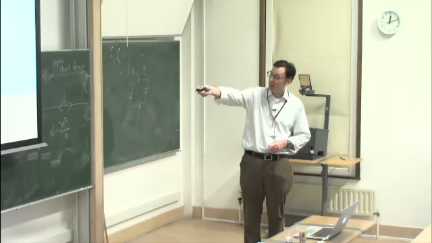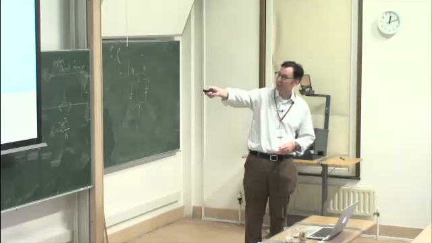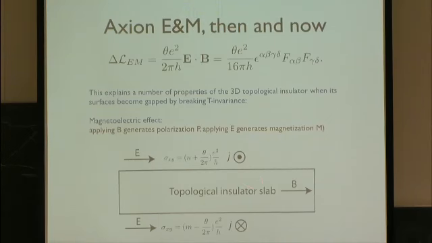In general, I don't know which half-integer I get. That depends on microscopic surface properties. But I get some half-integer here and some half-integer there. And if I believe in the surface Hall effect, then an electric field that I apply generates circulating currents, which generates a magnetic moment, and that's just the physical content of this E dot B term.